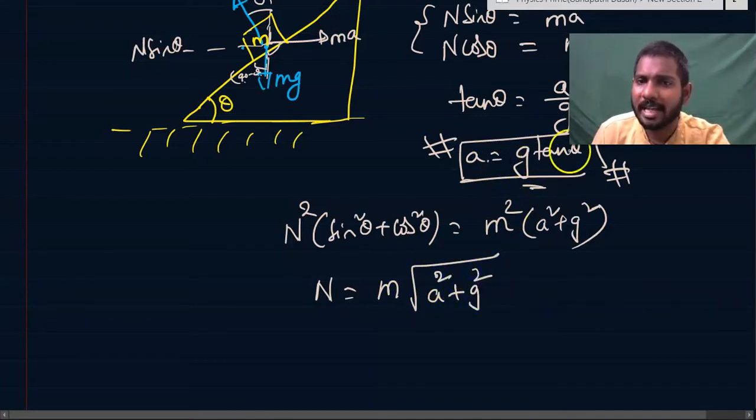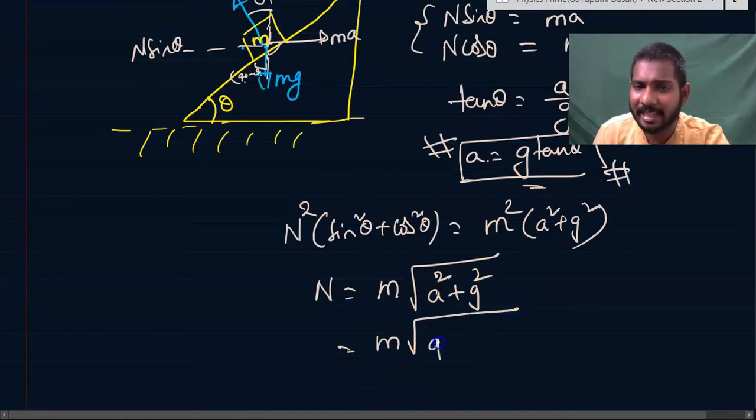But we know a is equal to g tan theta, because we don't know the information about a. We have to write in terms of g and theta. M into root over g square tan square theta plus g square. That is equal to m, g squared common, so square and root will be cancelled.